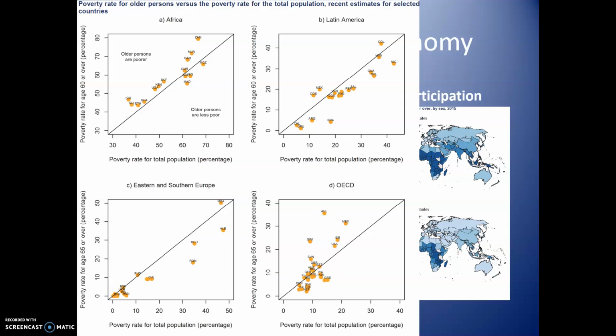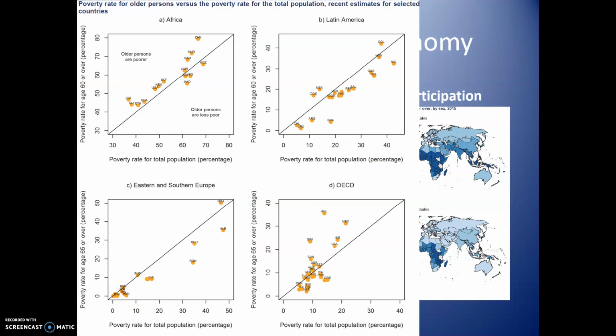And if we look at the OECD countries, the more affluent countries such as Great Britain, Denmark, Italy, Greece, Portugal, the Netherlands, all have older populations, older people who are less likely to be poor or have less poverty than the general population.